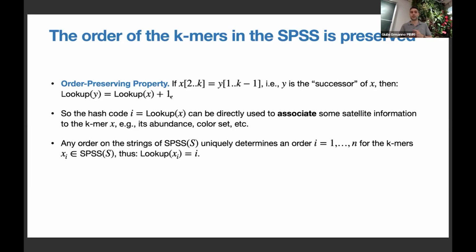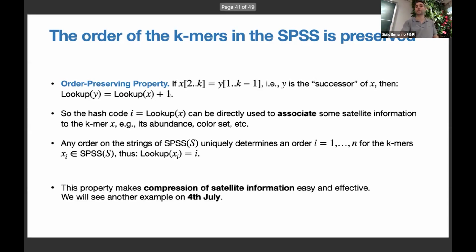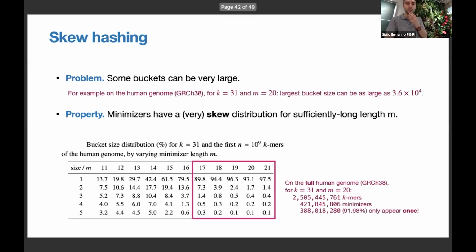In fact, we're going to see a killer application of this property later. So that is really the most important message of this talk. It took me a while to get here, but this is the most important message.